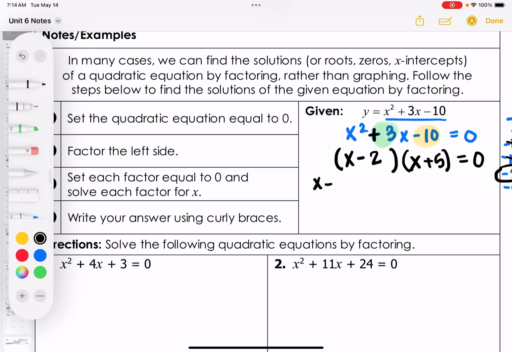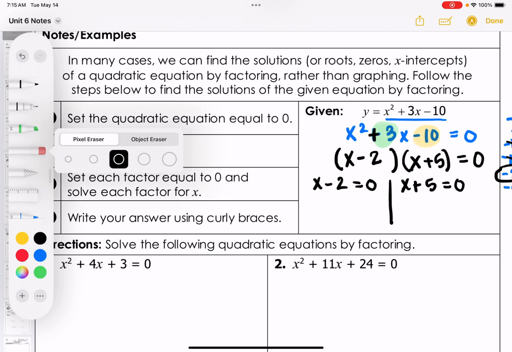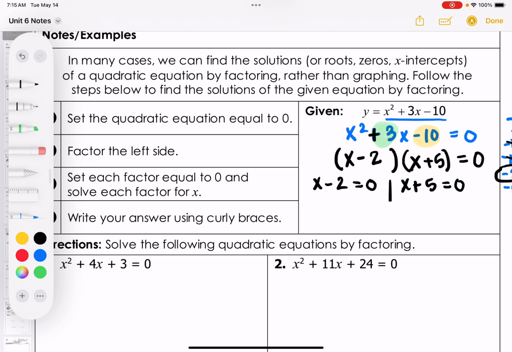So I have x minus 2 equals 0 and x plus 5 equals 0. For the first equation, I add 2 to both sides, so x equals 2. Here I subtract 5 from both sides, so x equals negative 5. Then we write our answer using the curly brackets, with the smaller number first: negative 5, comma 2.